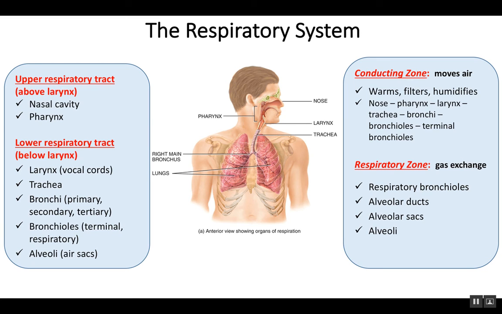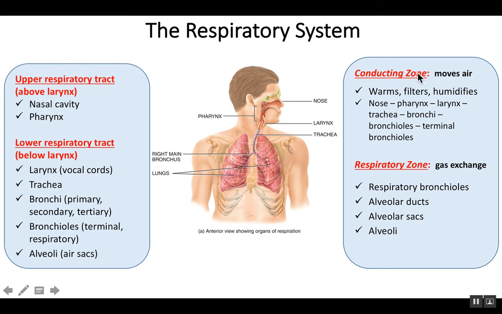And notice most of your respiratory tract is conducting. It's moving that air. The larger structures, the nose, your throat, the larynx, the trachea, bronchi, bronchioles, and then finally the end of these bronchioles are known as terminal bronchioles. Terminal means the end, but it's the end of the conduction zone.